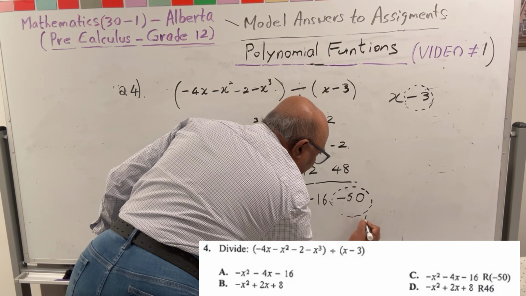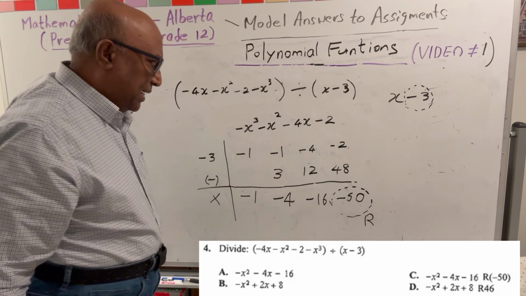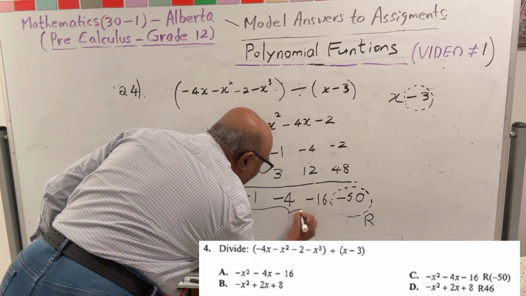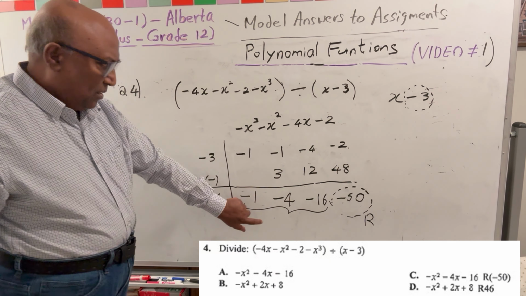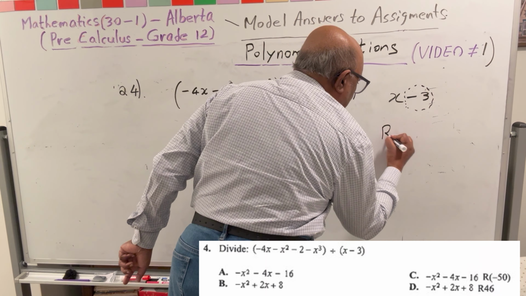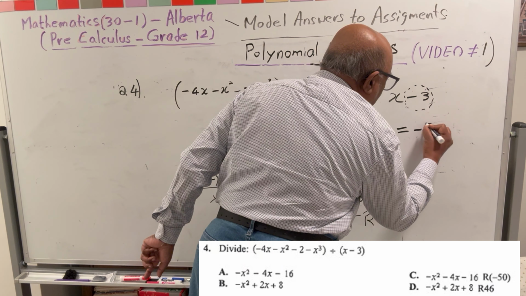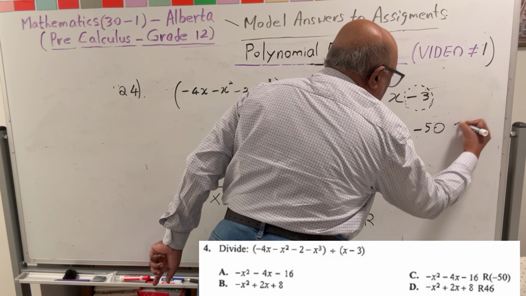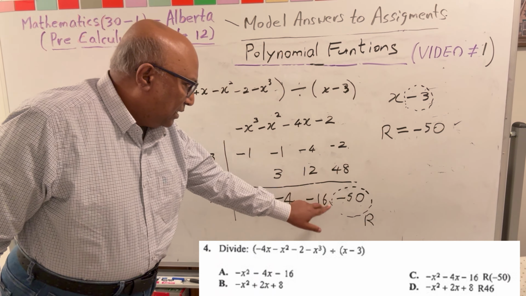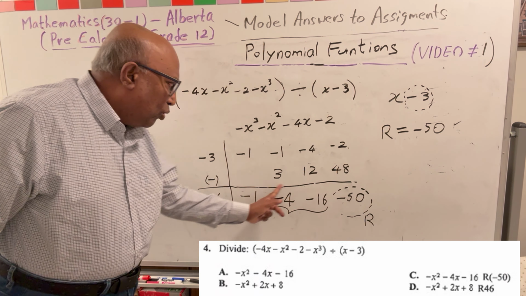The number which we are getting at the end is the remainder. These are the coefficients of the quotient. The remainder is equal to minus 50. That is one answer.